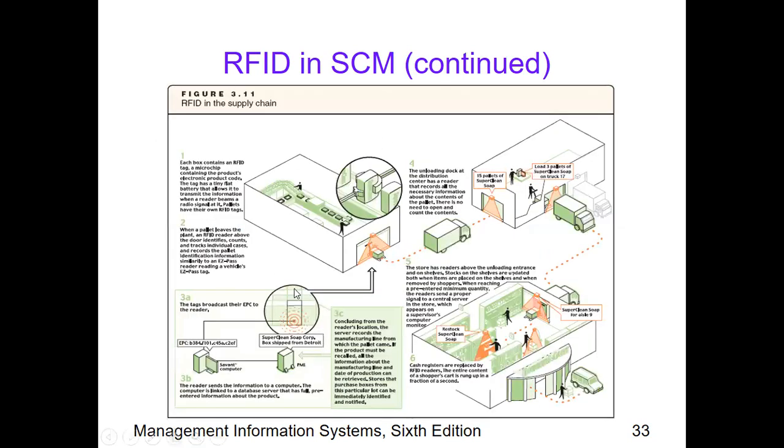Next, this is the system of RFID in the supply chain. It is utilized in the operations of the business, starting, for example, in manufacturing, wherein there is a usage of a microchip to hold the information.